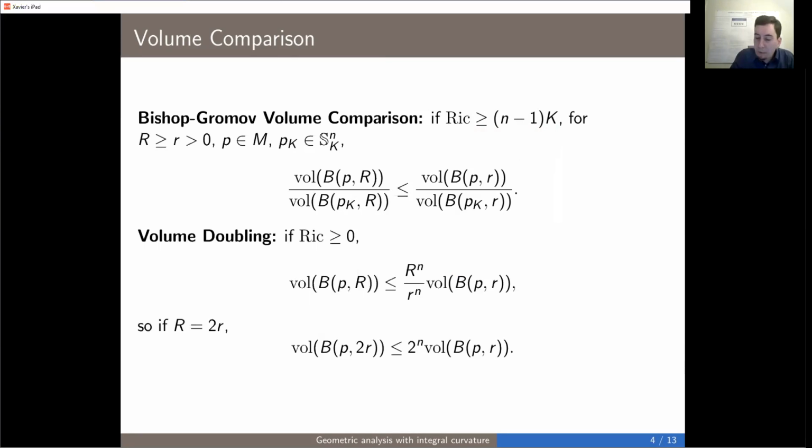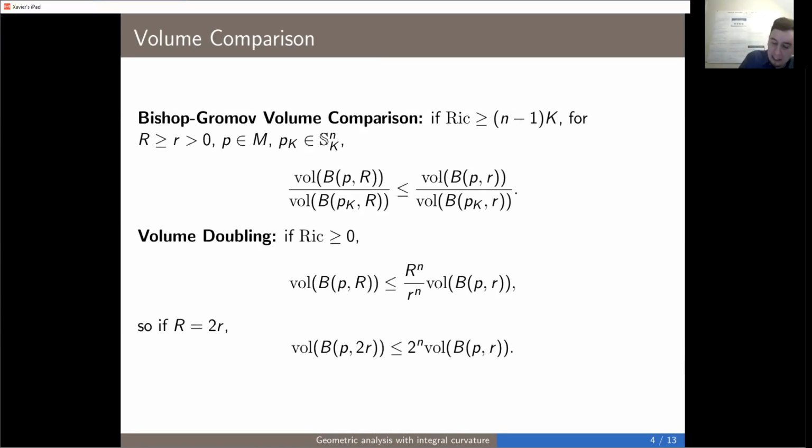As long as you're comparing it to one of those model spaces, then if you take two radii, and you take a point in your manifold and a point in the model space, you have this kind of inequality between the ratios of the volumes of balls of different sizes.